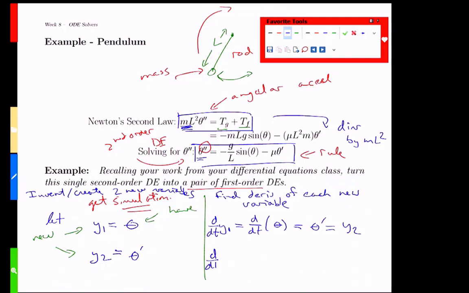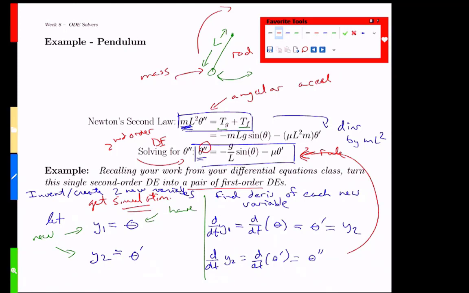So one of these derivatives is super easy. The other derivative is a little more involved, but it has exactly the same procedure. I want to find the derivative of y2. Well, that's the derivative of theta prime, and that's theta double prime. That's not obvious until we remember, hey, back up here, we had an equation that was theta double prime equals. So this is where we bring in the actual mechanics. So far, we haven't done anything with our actual pendulum configuration.